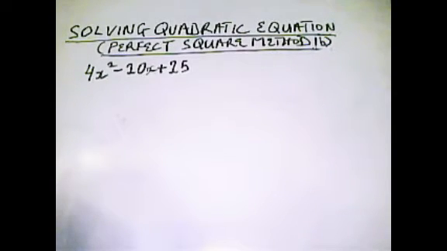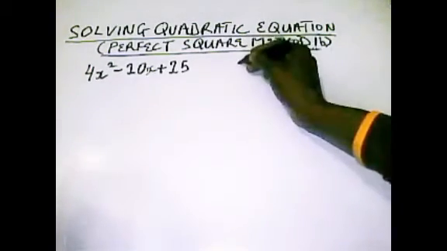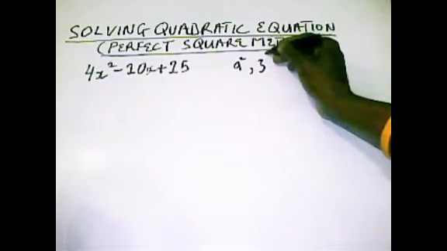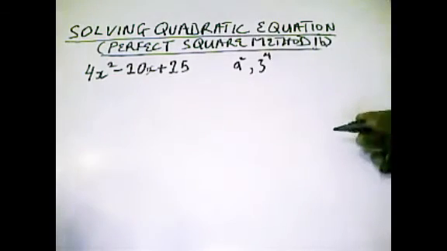In our today's lesson, we are going to continue from where we stopped in our first lesson. We are talking about how to use the perfect square method to solve quadratic equations. In our first lesson, we defined what a perfect square is, and I recall telling us that a perfect square is any number with an even power. So if I write a squared, or 3 power 4 for instance, okay.